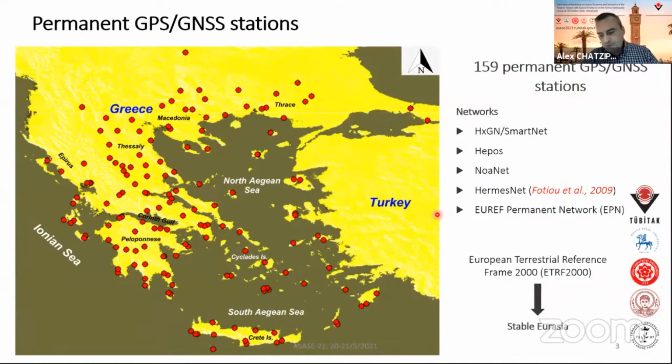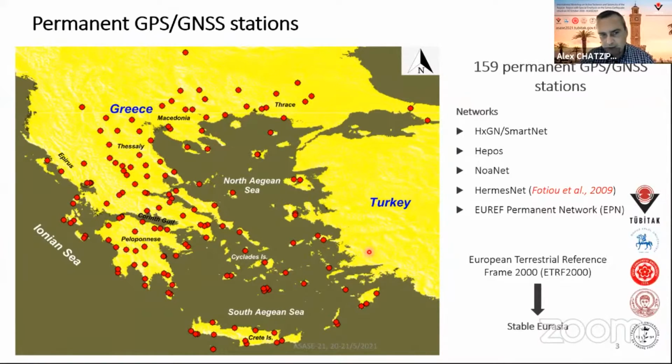For this, we used a continuous time series of 7 years, using data from 159 permanent GPS stations. You can see here the distribution of those stations mainly in Greece, but also some stations in the neighboring areas.